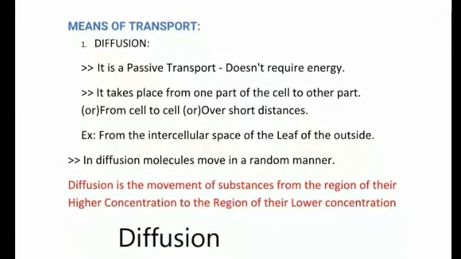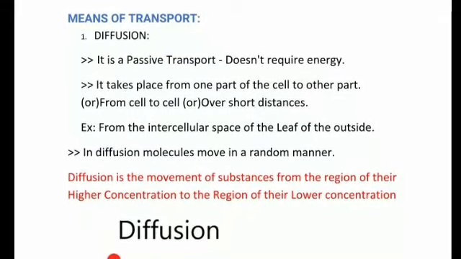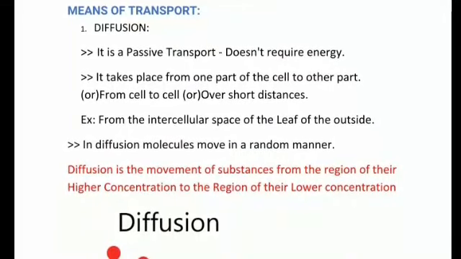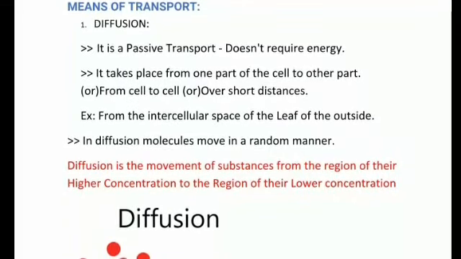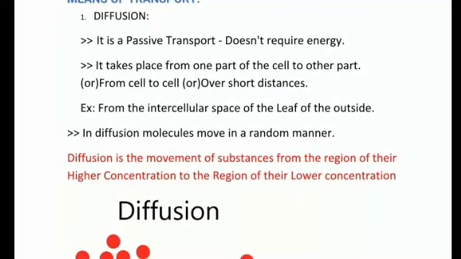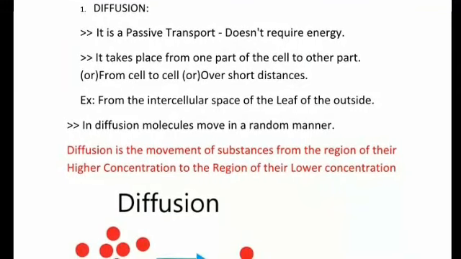Now we are going to know about what are the different means of transport. The first means of transport is diffusion. Diffusion is the movement of substances from the region of their higher concentration to the region of their lower concentration.